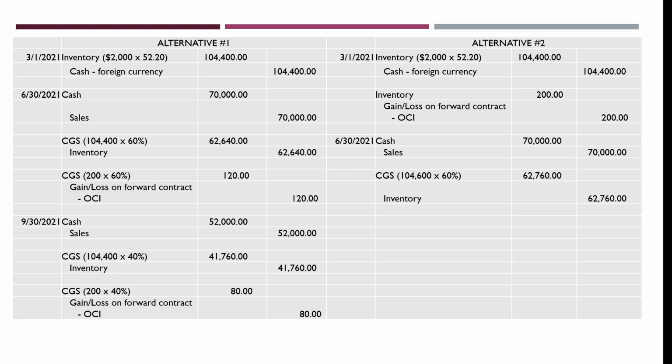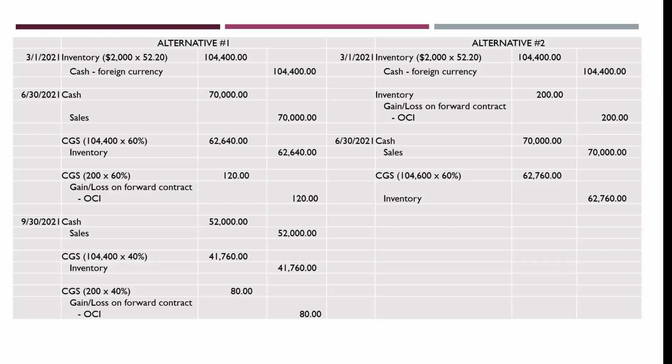First date of sale, the same set of entries. Pero kung mapapansin nyo, nandun sa CGS yan magkakaiba. Kasi, sa alternative treatment number 1, 104,400 yung ginamit ko. Pagdating dito, 104,600 na yung ginamit ko. Dumiretso siya kaagad. Diba? At papansinin nyo, pareho lang talaga yung amount ng CGS na i-report under alternative 1 and 2.